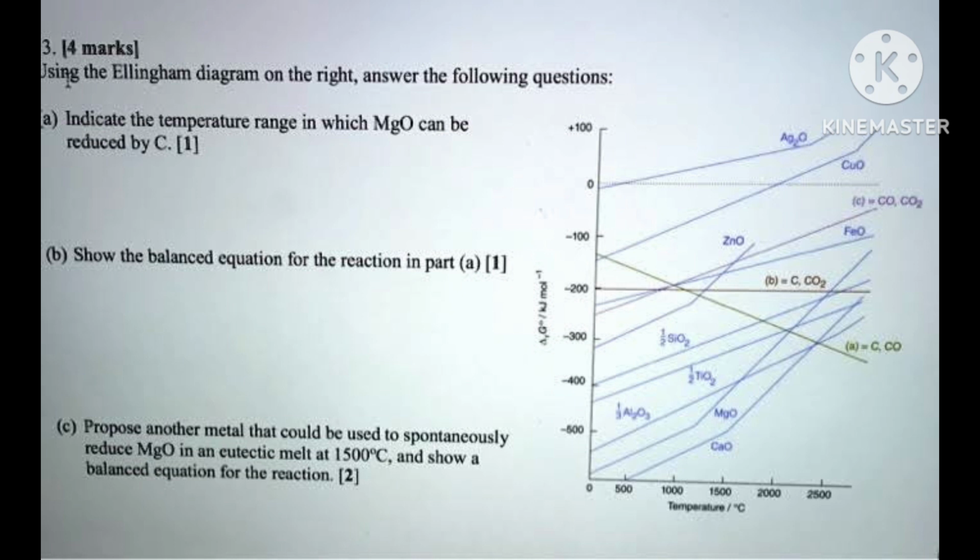That is marked by some point, like red, blue, green, something may be there. Both are intersecting at a point. Correct? Then now you have to suggest the condition under which magnesium can reduce alumina. Two reactions you have written, both oxide reactions: one for aluminum oxide, the other for magnesium oxide.